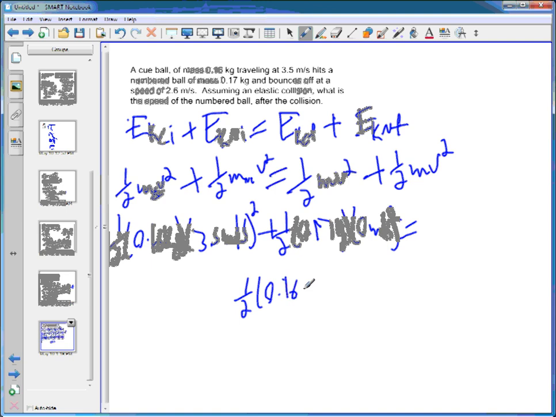The only one we don't know is v. So let's work some of this out a little bit, and then we'll solve for v.